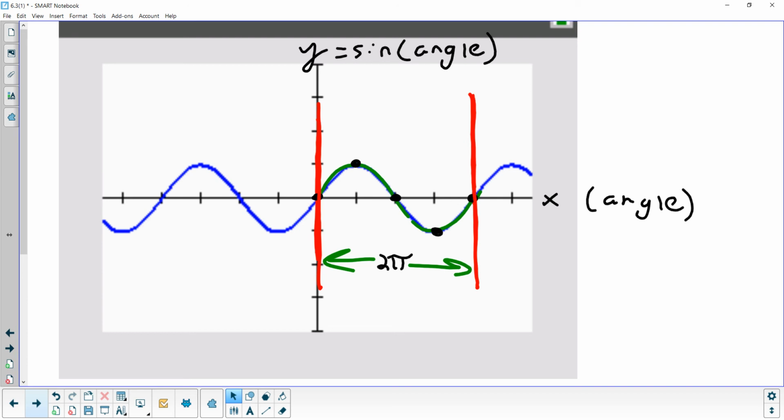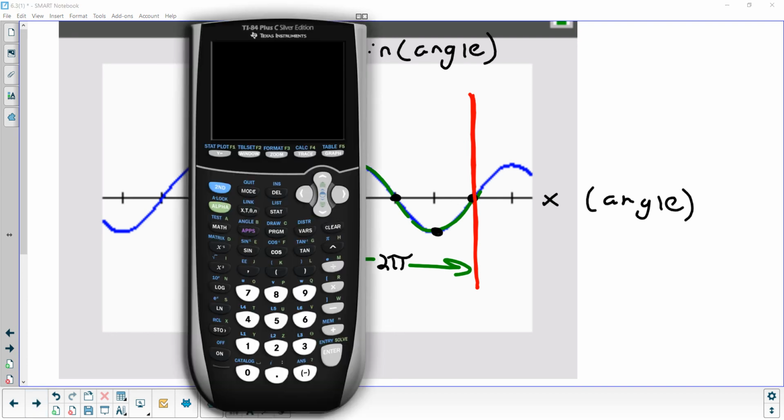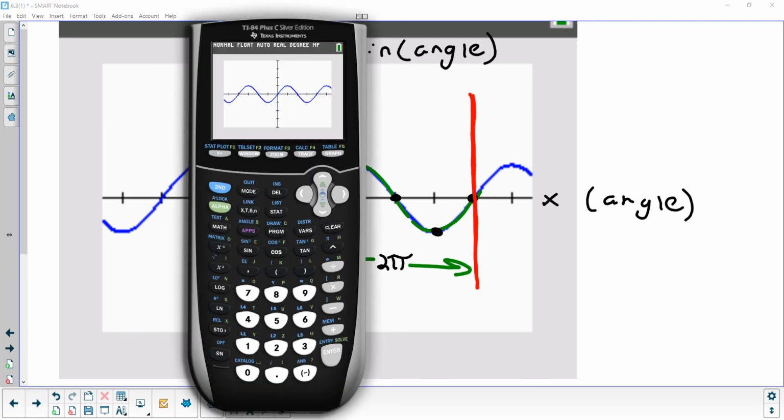So let's say I wanted to look at my calculator and I only wanted to show one cycle of the sine function. I don't want to show several. Well, what did we just say that the standard length is for the cycle of sine and cosine? Yeah. 2 pi.